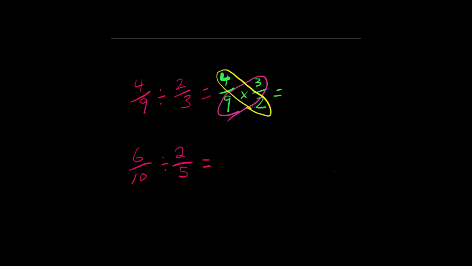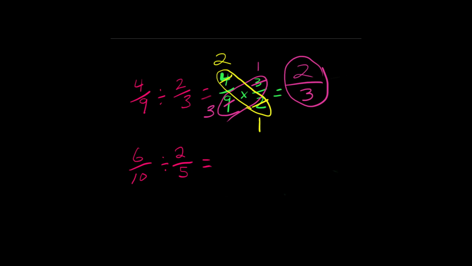All right, so in yellow, 2 divided by 2 is 1, 4 divided by 2 is 2. In the pinkish color, we're going to have 3 divided by 3, which is 1, and 9 divided by 3, which is 3. So we now have 2 times 1 and 3 times 1, and a very simple answer of 2/3.